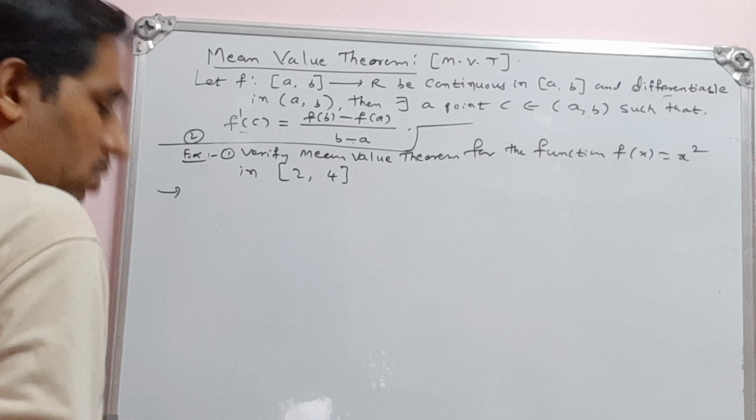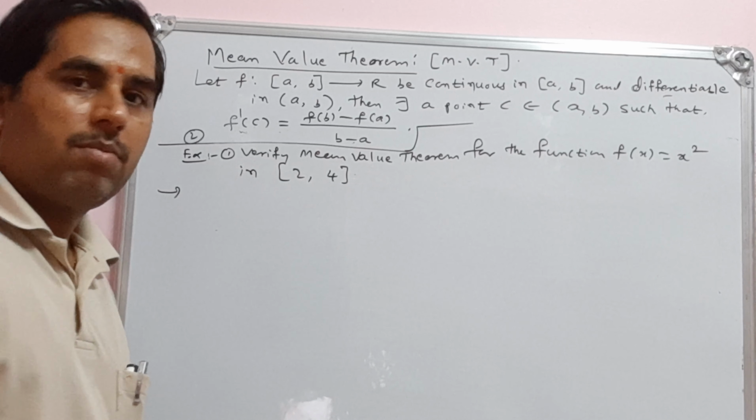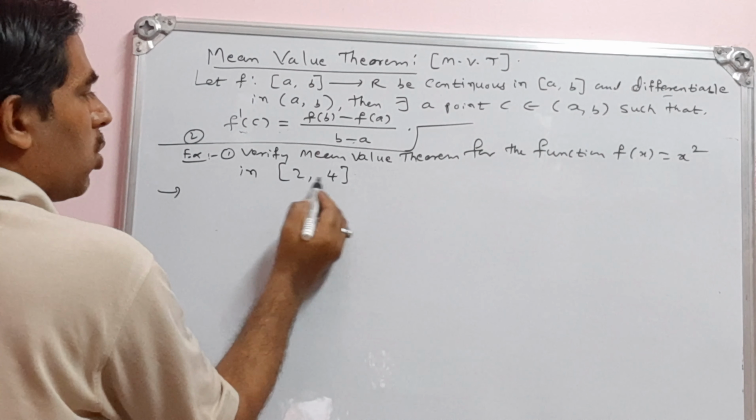This is also for 2 marks. Observe this: verify the mean value theorem for the function f of x is equal to x square in the interval 2 comma 4.